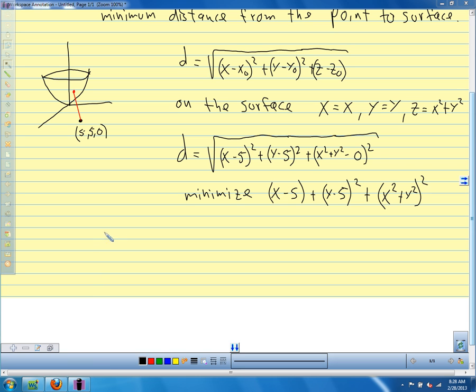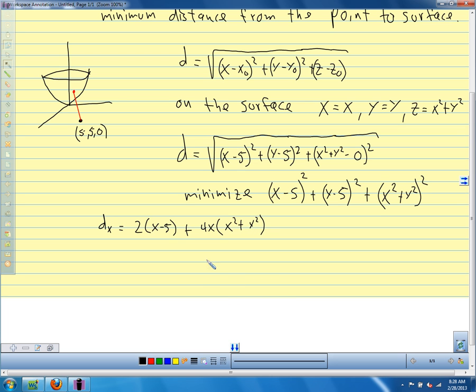So the partial of d squared, I forgot my square here, the partial with respect to x, d sub x, is going to be 2 times (x minus 5) plus 4x times (x squared plus y squared). Looks good to me. Everybody agree?